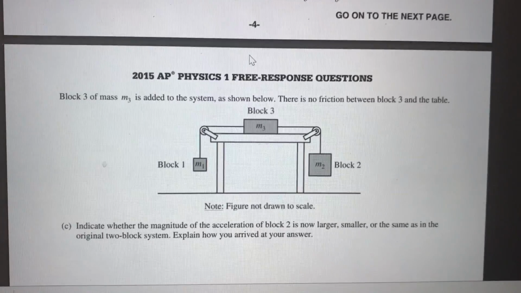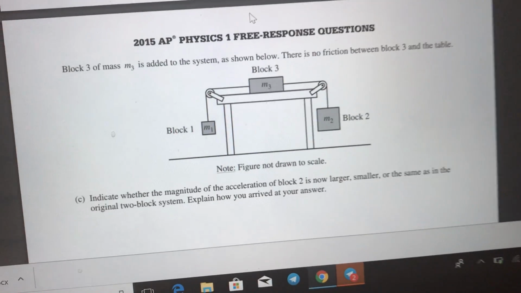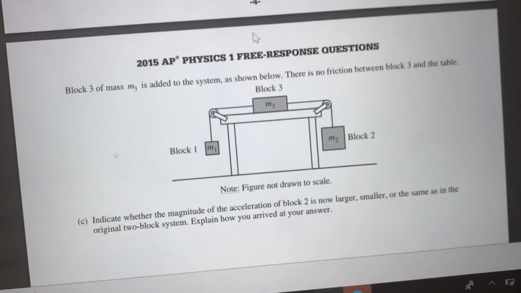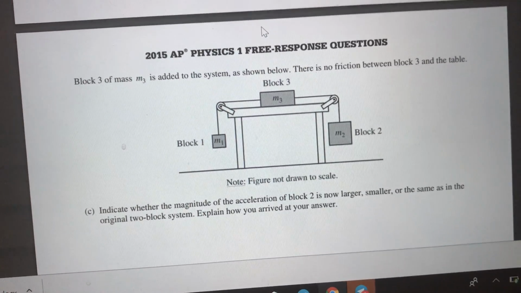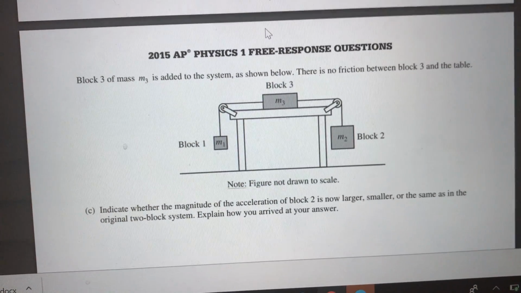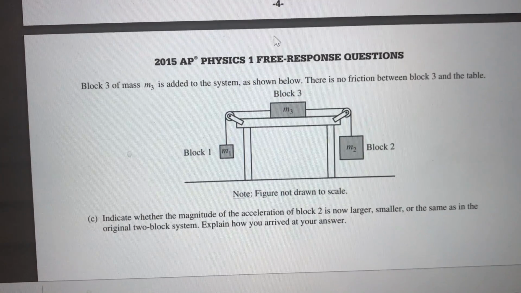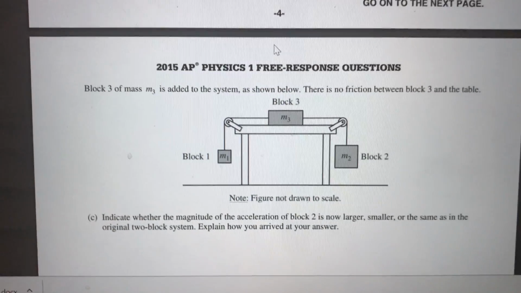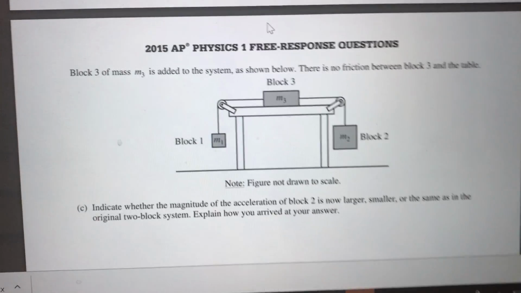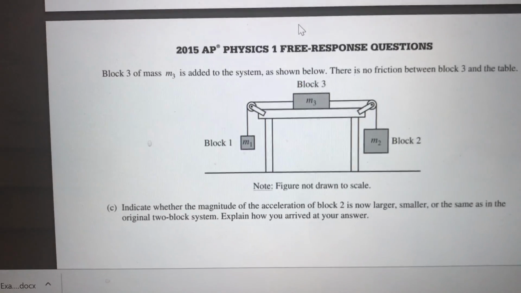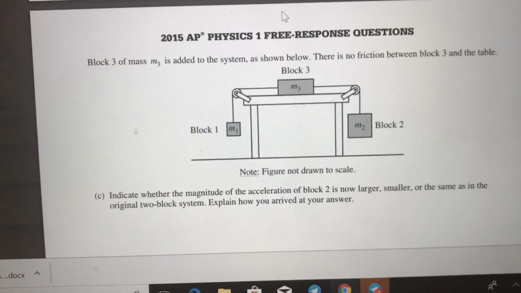So now the Atwood machine is altered. They have added a block on top of the table, on top of the string, essentially. It's asking us to determine whether the acceleration of block 2 is increased, decreased, or stays the same.